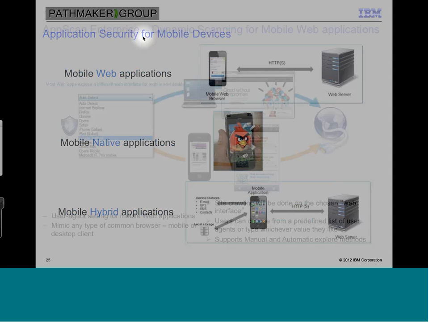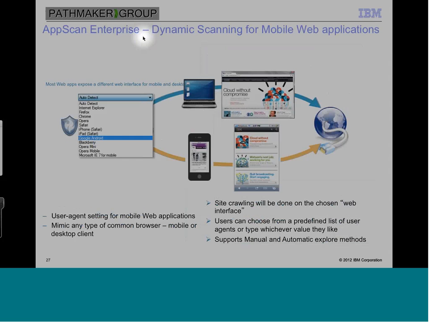So we broke that down according to the 2 classes of the solutions that we have, dynamic and static. In order to deal with the web applications, in other words, functionality running on a mobile device that's communicating to a web server for its functionality, we use our dynamic scanning tools. What we're doing there simply is we use an agent that mimics the request header of a mobile device.